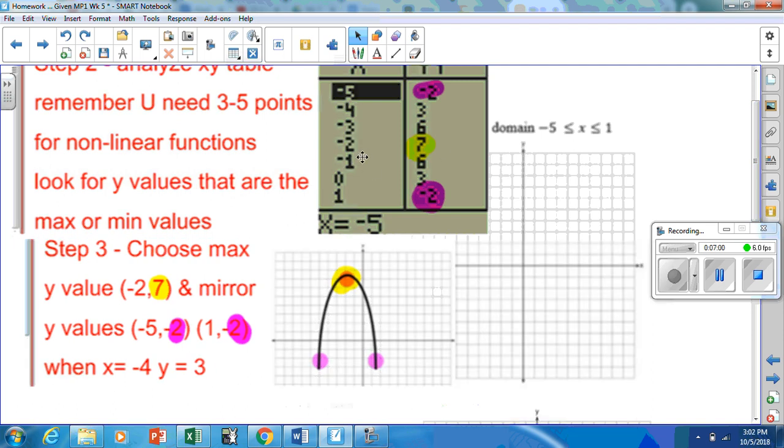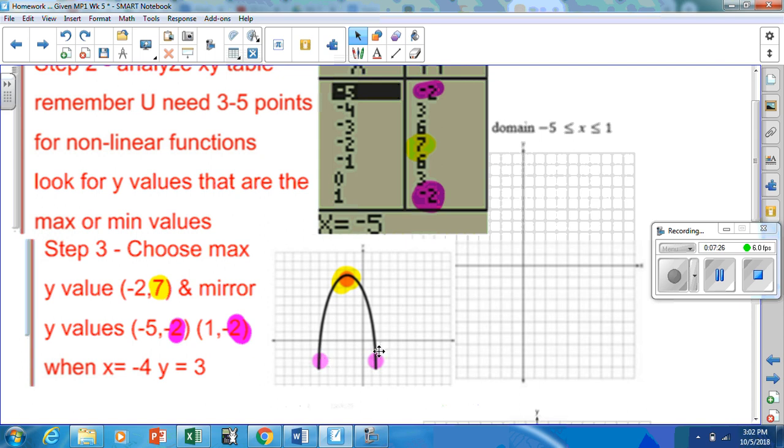Our max value is negative 2, 7. We place that there. And then we talked a bit about our cousin values. Negative 5, negative 2 places us here. 1, negative 2 places here. These are what we call similar values, mirror values, or I like to call them cousin values.